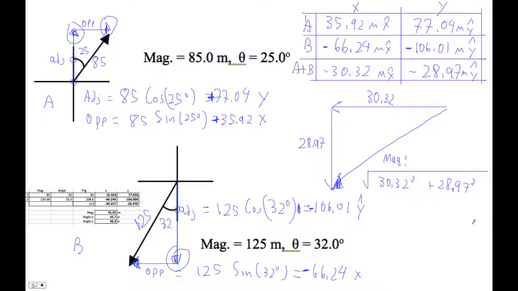Let's see what that is. I'm getting 41.9 as my magnitude. Oh, I need to draw this, gotta keep it separated. Okay. So that magnitude is 41.9 meters.